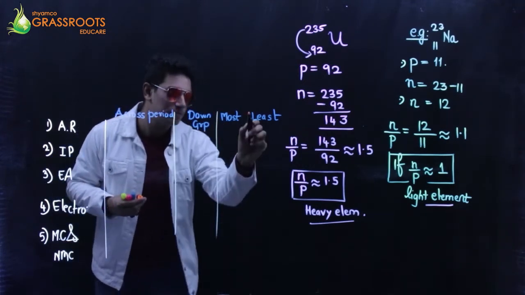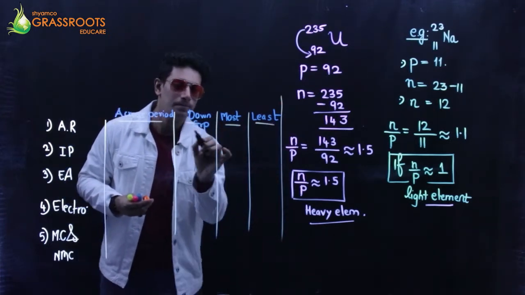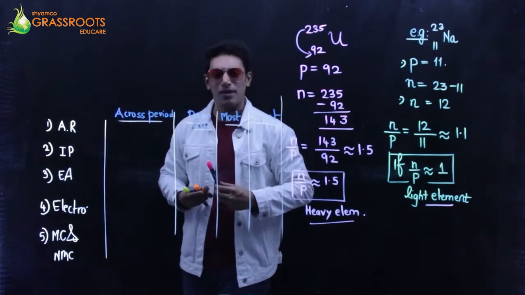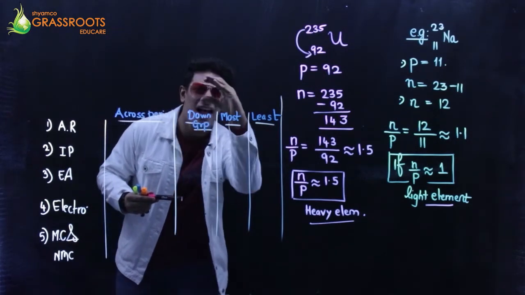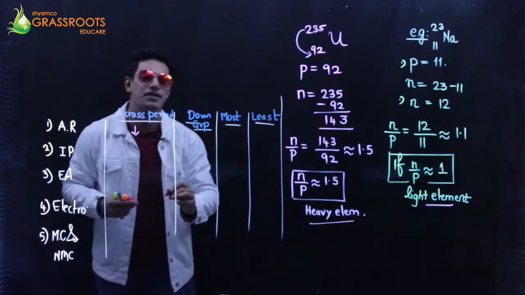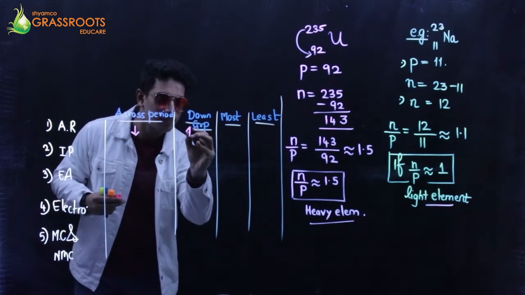So making a table. Fine. So talking about atomic radius. Can I say across the period from left to right, the atomic radius keeps on decreasing? So atomic radius decreases. Down the group, the size of the atomic radius increases.